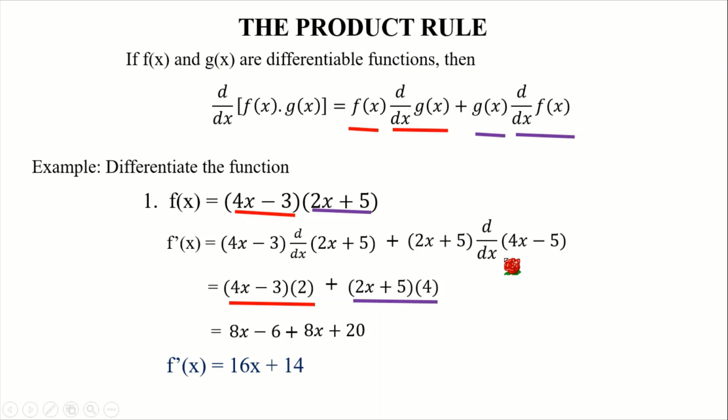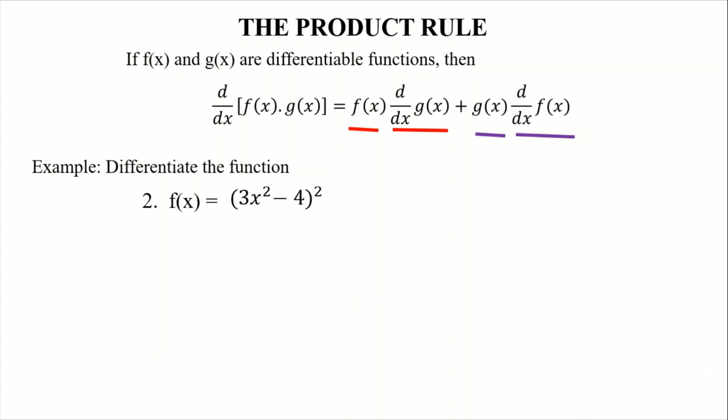first function. So another example, we have f of x is equal to 3x squared minus 4, or the square of 3x squared minus 4. Okay, so since parehas naka-enclose sila ng square, ibig sabihin nun, yung second function natin, ganun pa rin. Okay, so this is equal to 3x squared minus 4 times 3x squared minus 4.